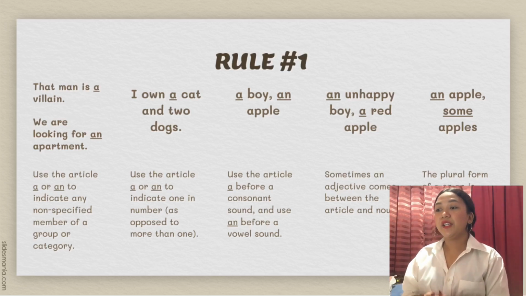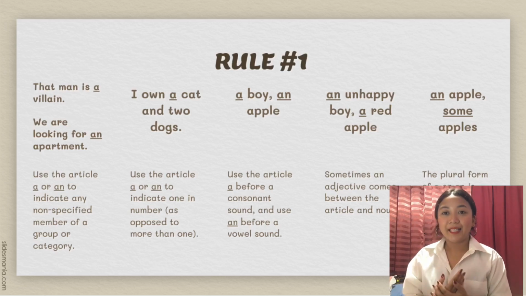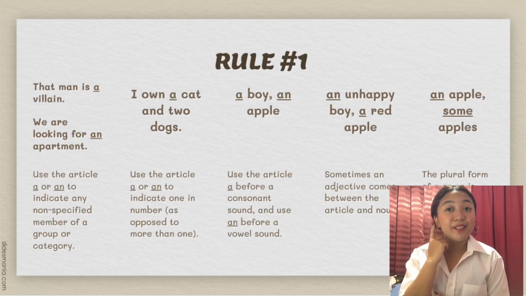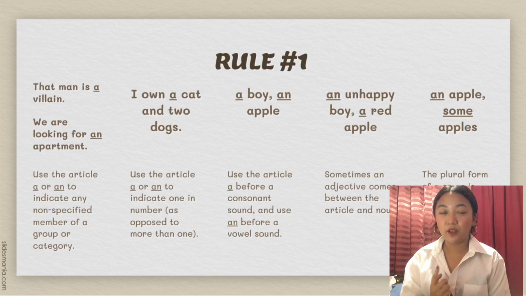Next, we use the article a before a consonant sound and an before a vowel sound. A boy, an apple. You should be aware that you listen to the sound, not to the spelling or the letters.